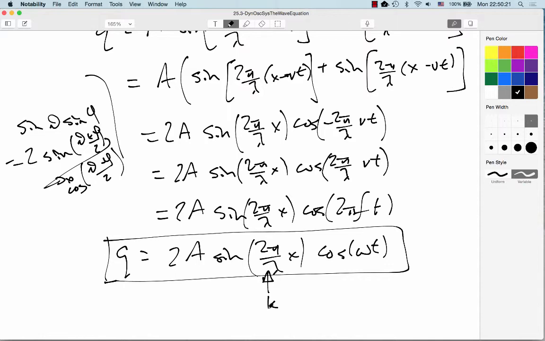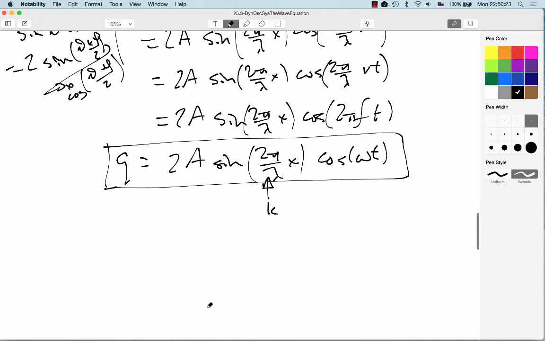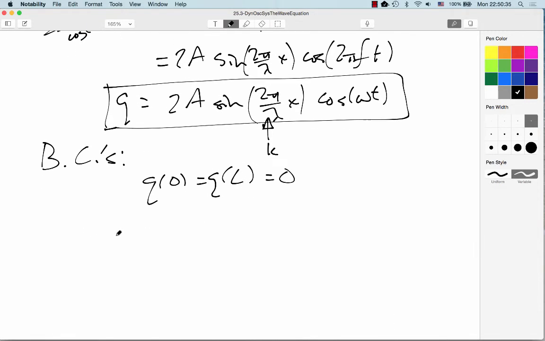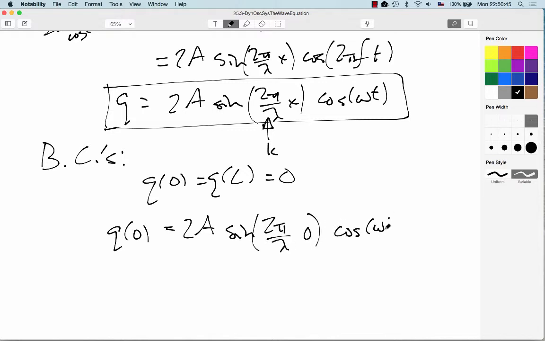All right, so we'll go ahead and take a look at the boundary conditions. They require that q of 0 equal q of L equals 0. So let's take a look at q of 0. Q of 0 is 2A sine of 2 pi over lambda times 0 times cosine of omega t.